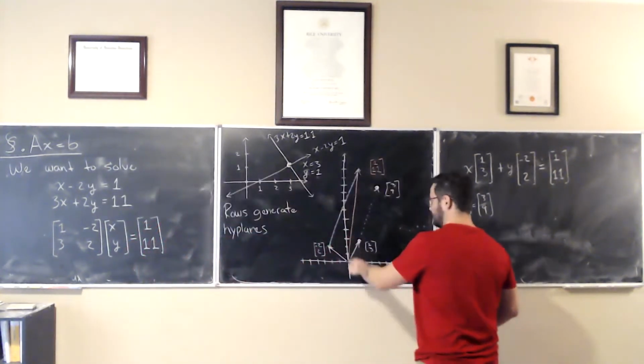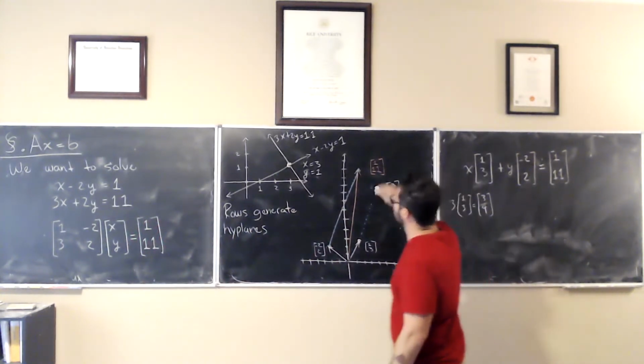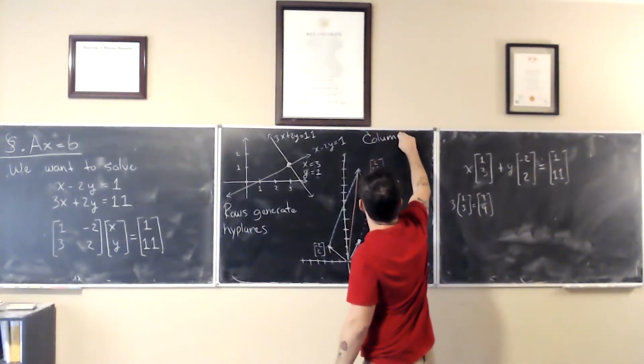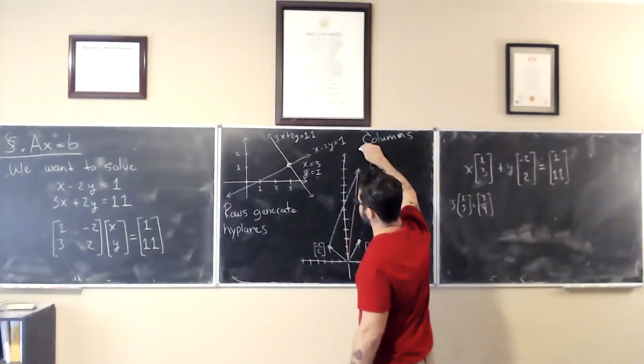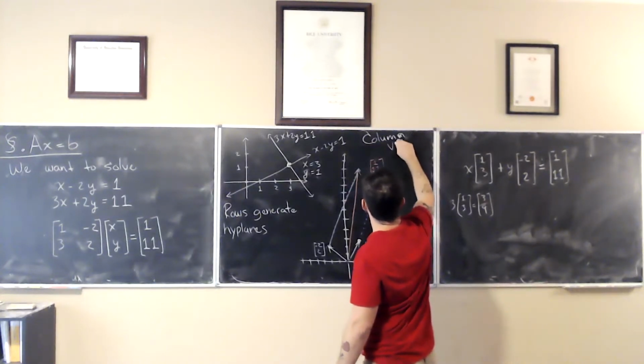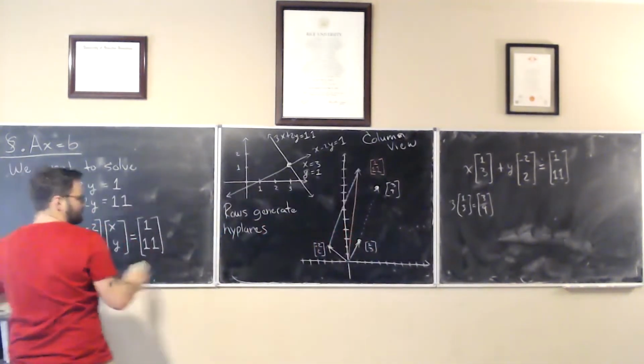For columns, we're still dealing with vectors. So columns is like a vector viewpoint. I'll say column view, and I'll say row view, because there are row vectors that are doing something here.